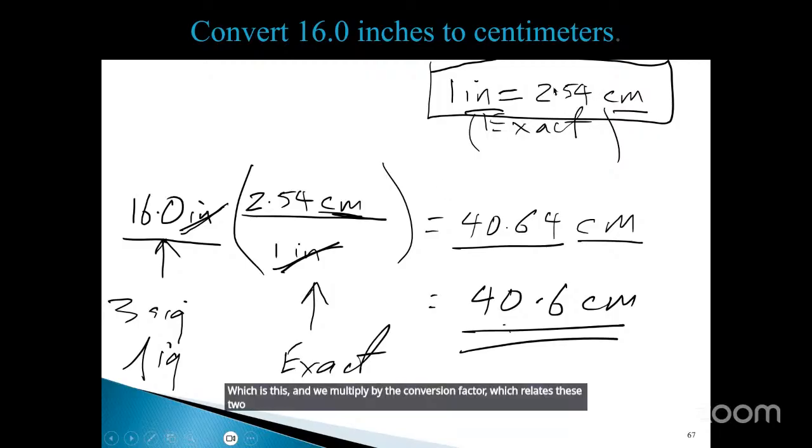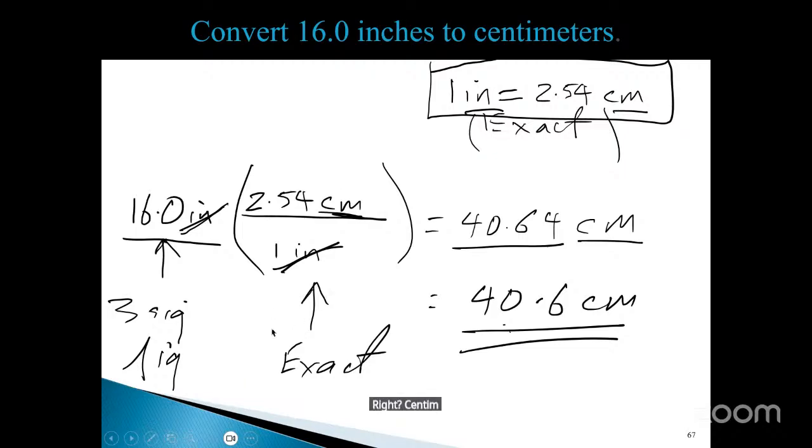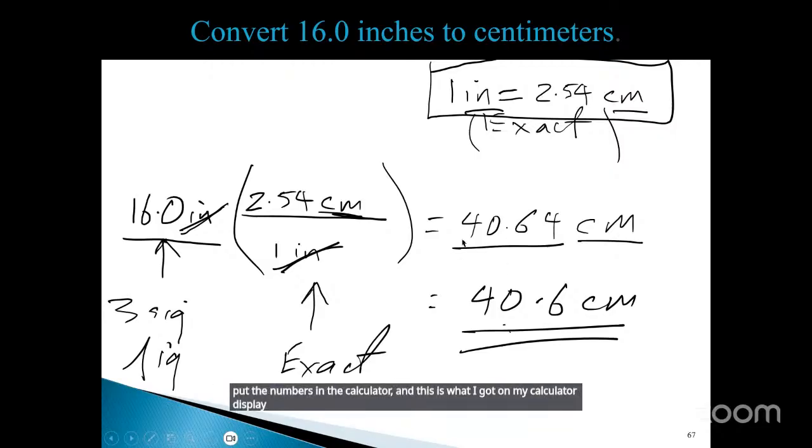And the way we set it up, because we want to get rid of the inch unit here, we put the 1 inch down here as the denominator. And then up top as the numerator, we put the 2.54, right? Centimeters. And therefore, what we do next is cancel out the inch unit, put the numbers in the calculator, and this is what I got on my calculator display, 40.64 centimeters.